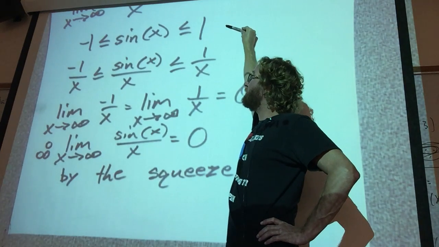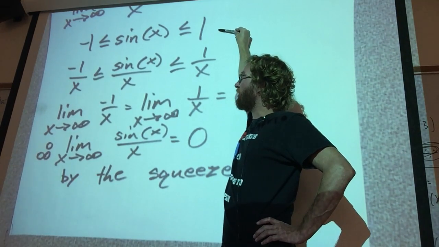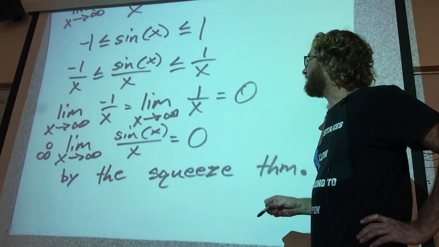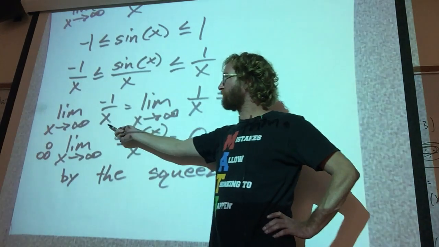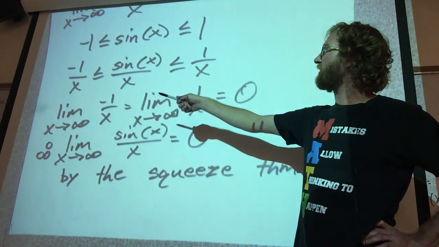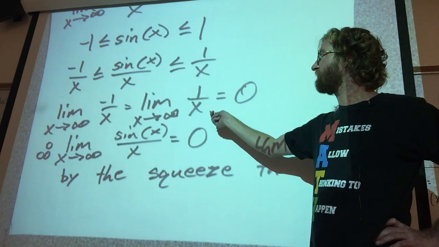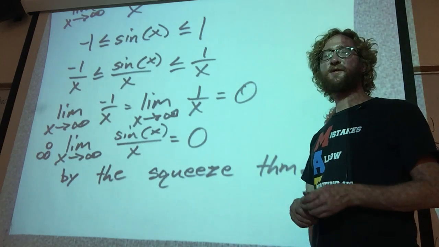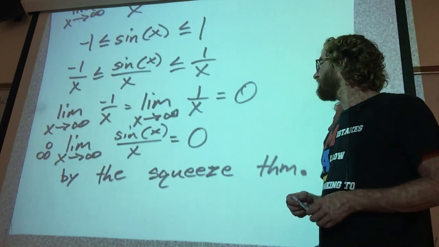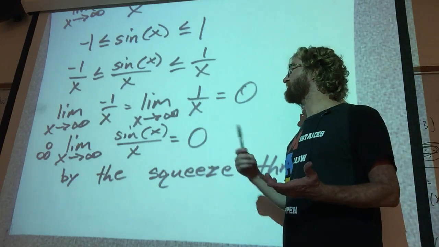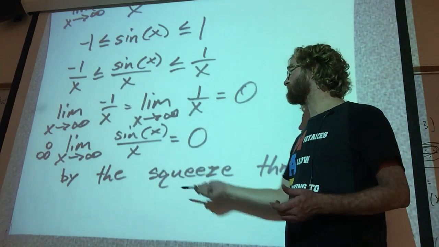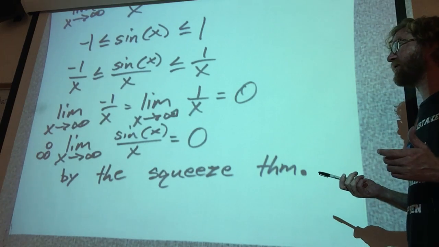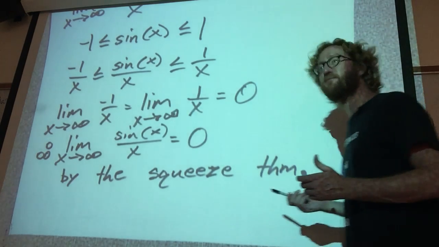Then if I divide everybody by x, the limits of the lower function and the greater function both go to 0. So the limit of the interior goes to 0, and therefore the limit as x tends towards infinity of the interior goes to 0 by the squeeze theorem. Now let's have a look at the graphical interpretation of this.